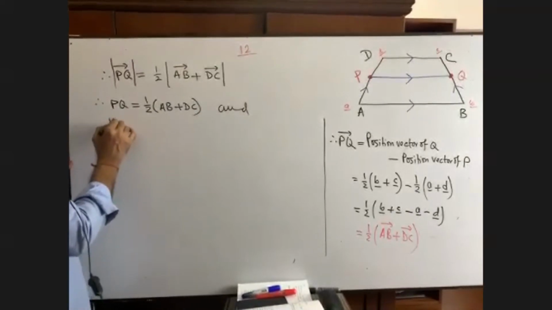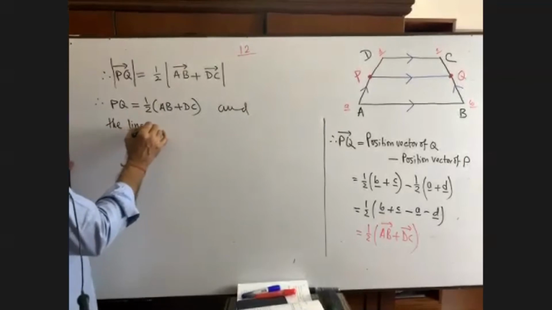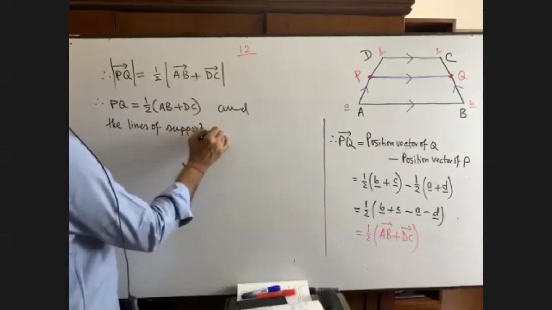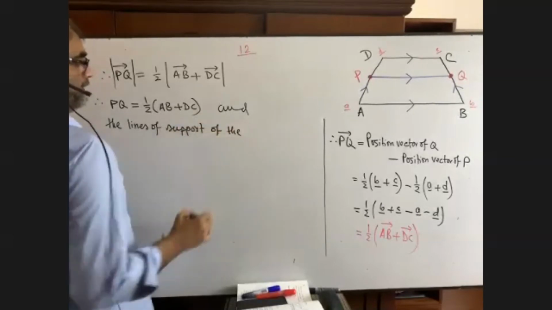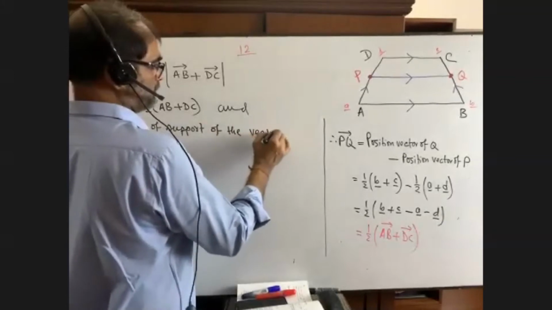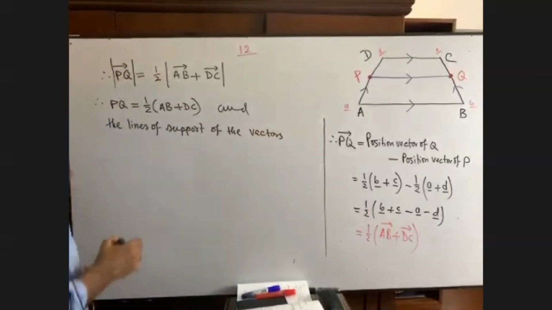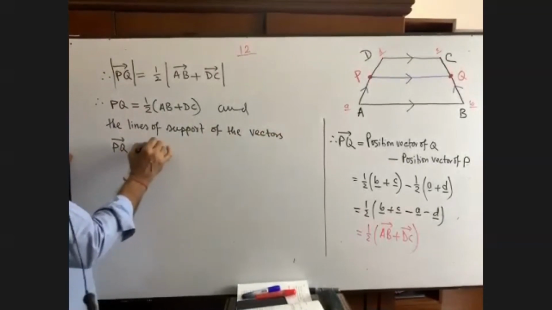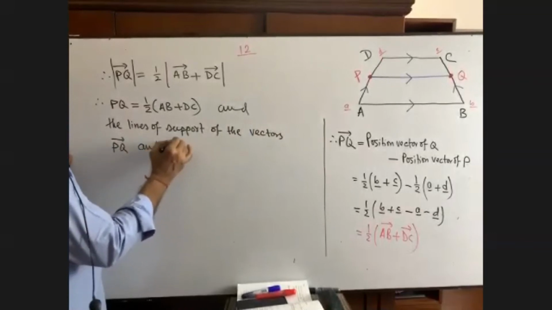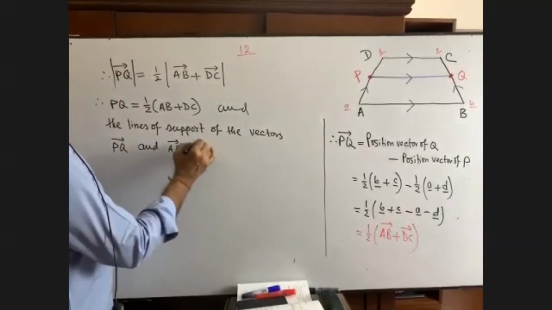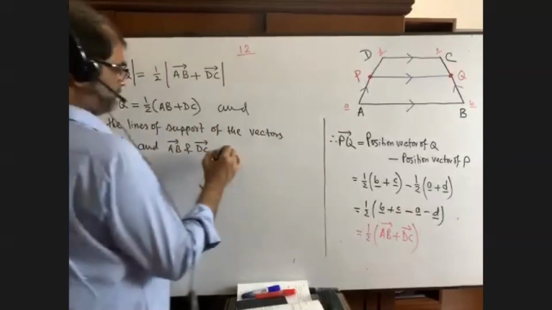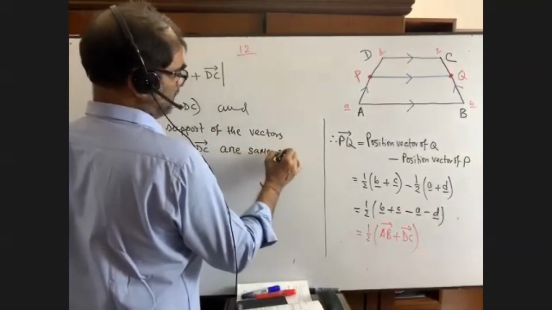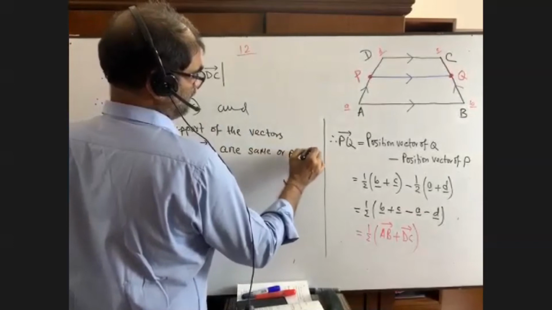And the lines of support of the vectors PQ and AB and DC are same or parallel.